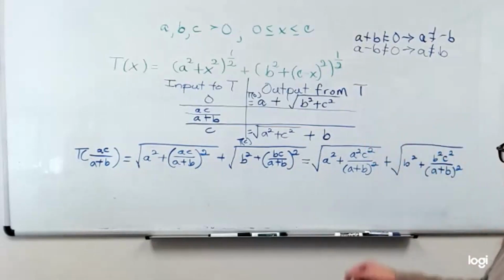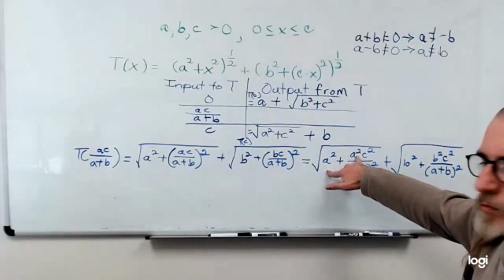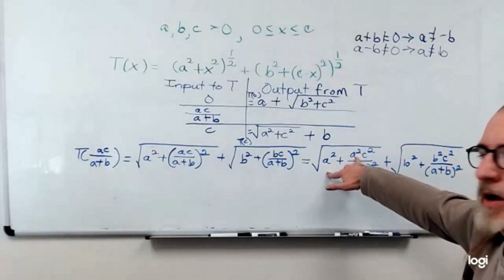And seeing that, within the first square root, I'm going to factor the a squared out of both of those terms.